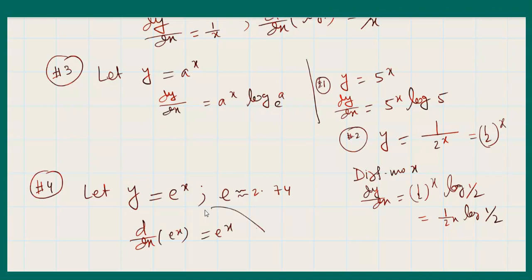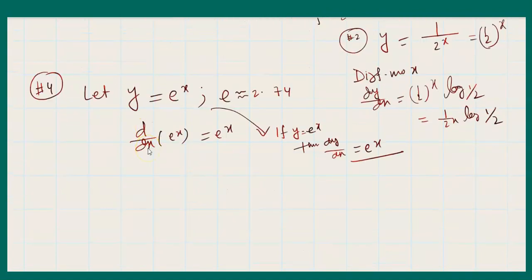Or you can write, if y equal to e to the power x, then dy by dx is also e to the power x. So e to the power x is also done.